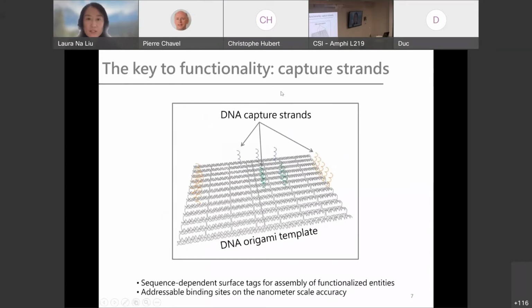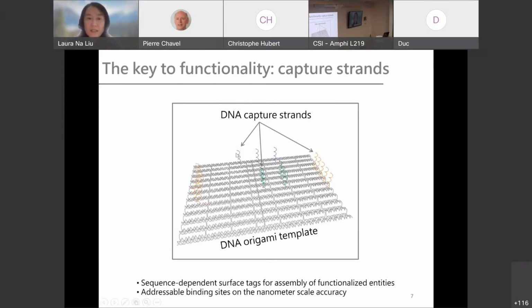The key to functionality is these capture strands that we can extend from the DNA origami template. If we extend these capture strands away from the origami template, then imagine I have functionalized nanoparticles, for instance, gold nanoparticles, silver nanoparticles, carbon nanotubes, molecules, proteins, aptamers, and so on.